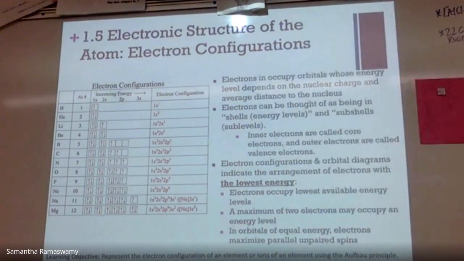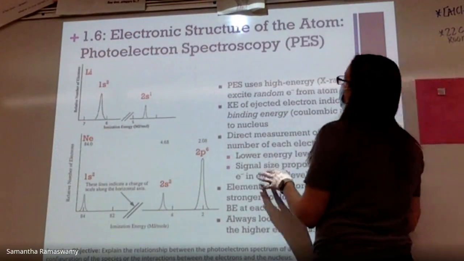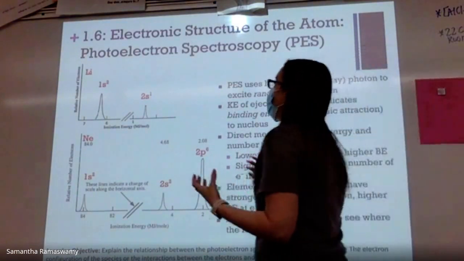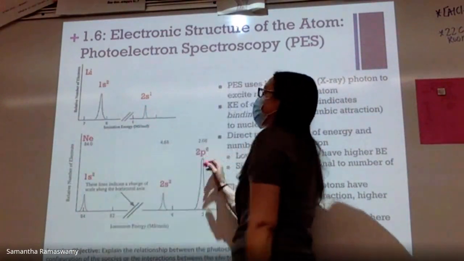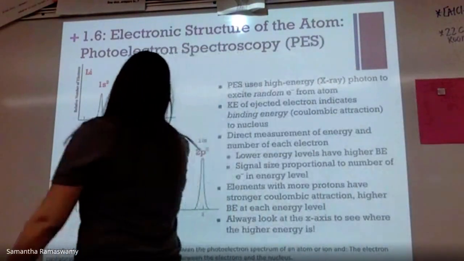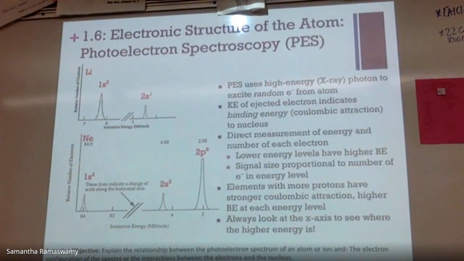When we look at configurations, we can also look at PES. Topic 1.6 was PES. This was also part of chapter 6. Remember, PES, photoelectron spectroscopy, was a way for us to graphically see an electron configuration. On the x-axis, we had energy. The higher the energy, the closer those electrons are to the nucleus, because the harder they are to remove.